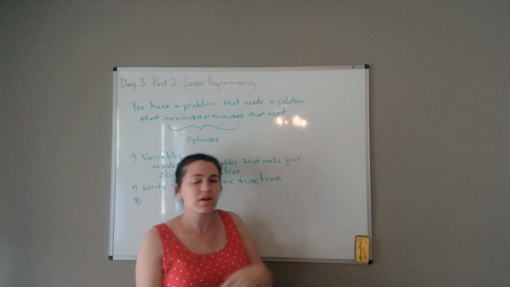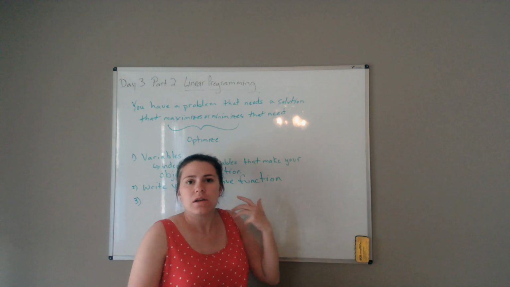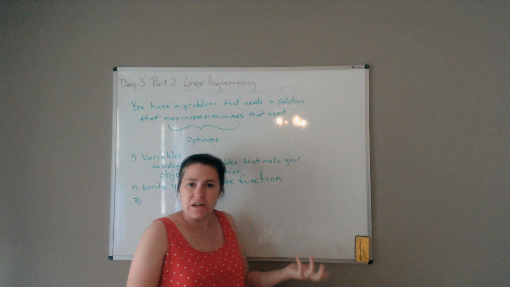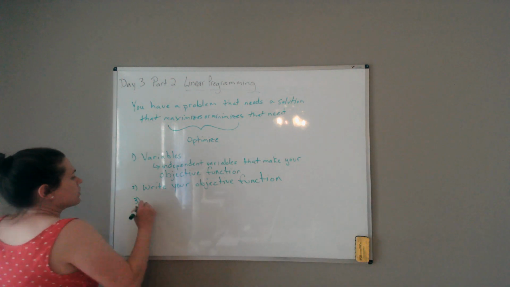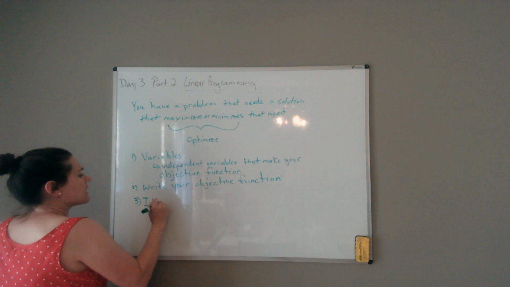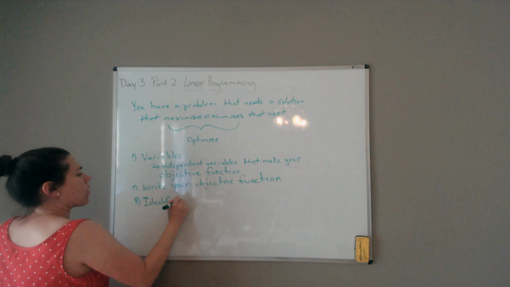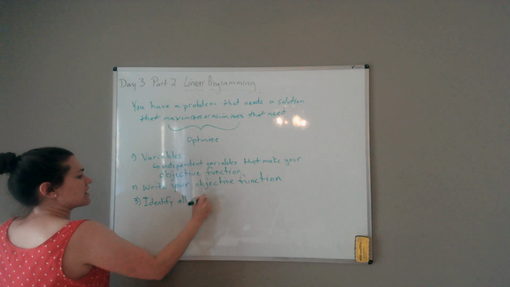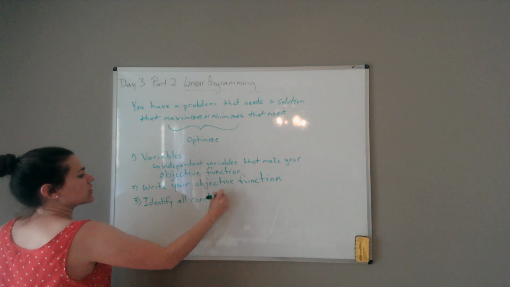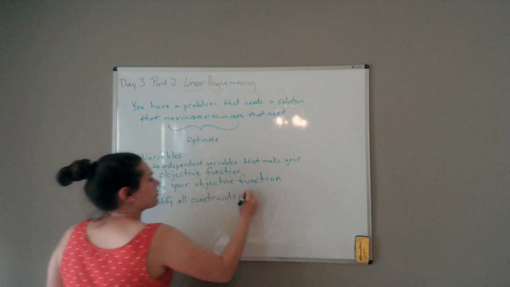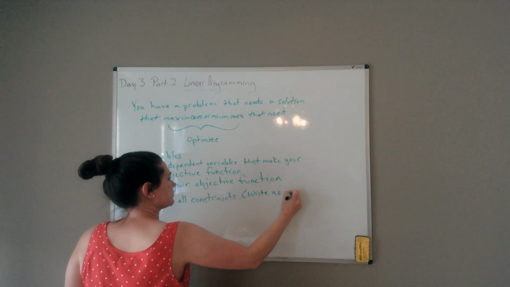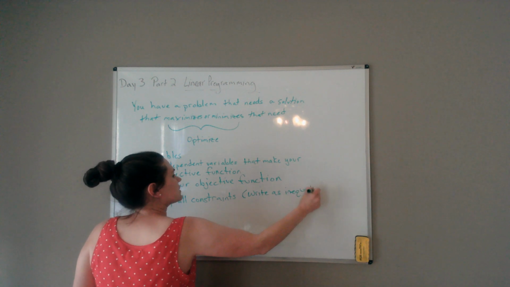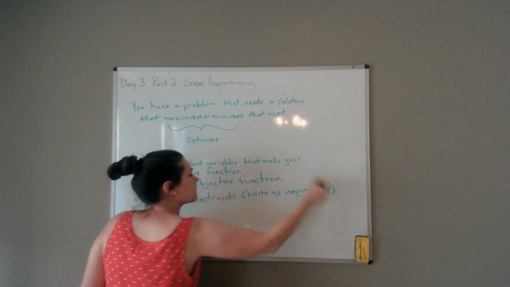So you're never going to be able to make an infinite amount of money. So there are restrictions, okay? You have to identify all constraints. Constraints are just restrictions, okay? You have to write them as inequalities.